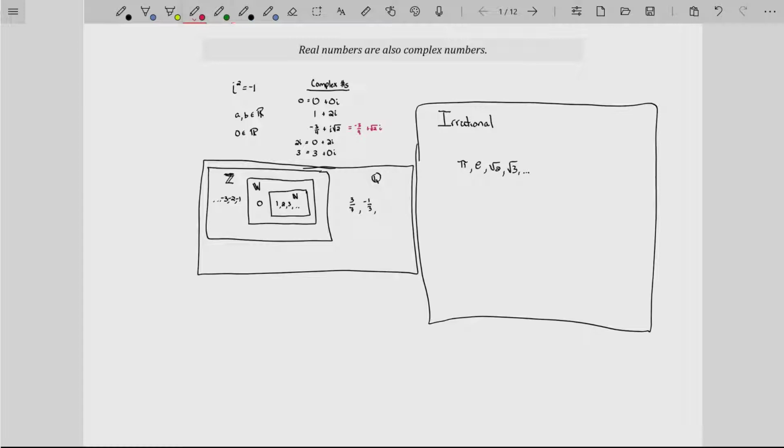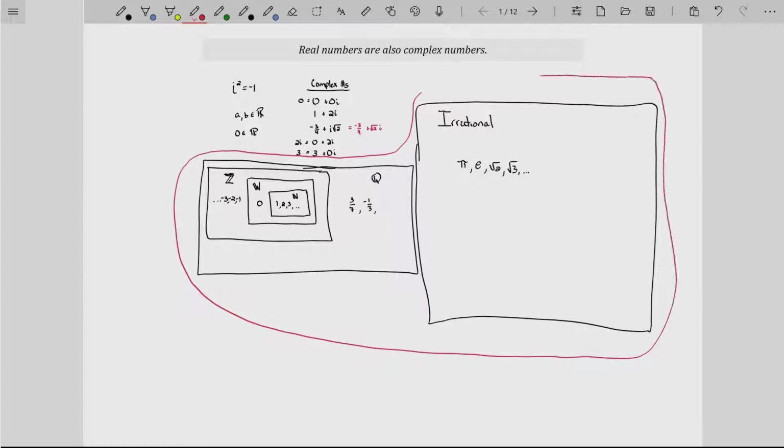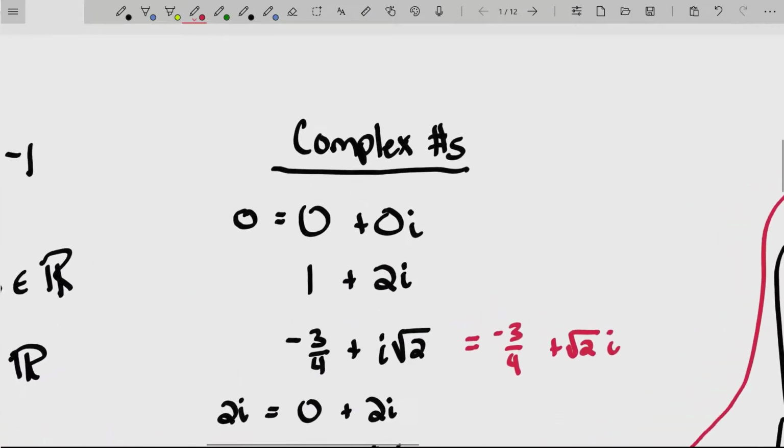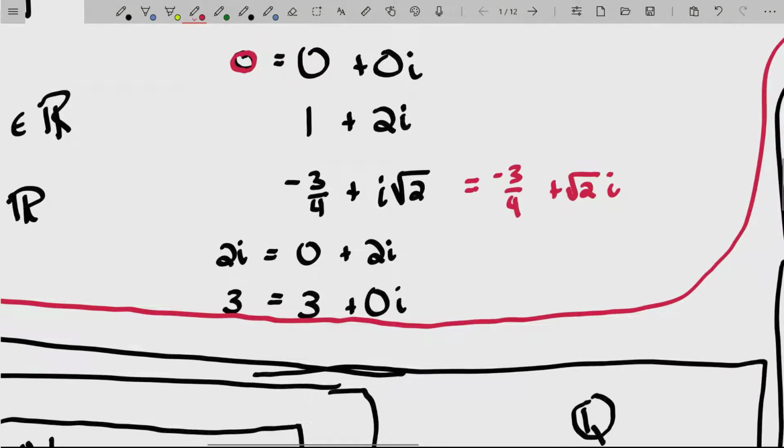And you should know that you can glue those two suitcases together, and that would be, I'm using red on purpose, the real number system. Now notice, we have a new number system called the complex number system, and it contains numbers like 0 and numbers like 3.